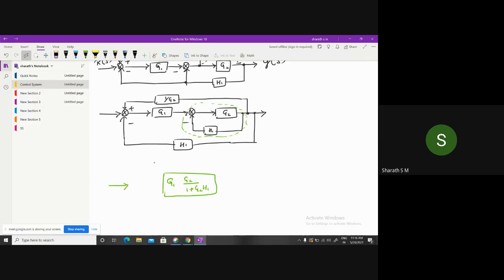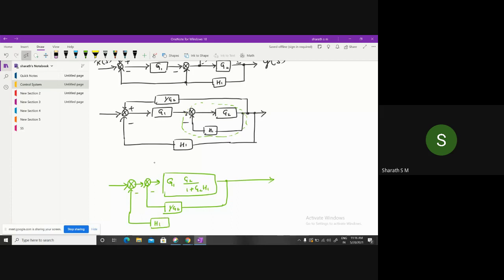This can be written as two summation points. For this we have 1 over G2 and the next feedback as H1.